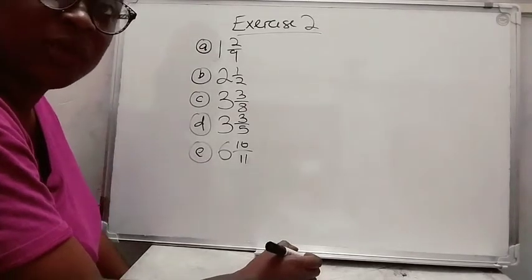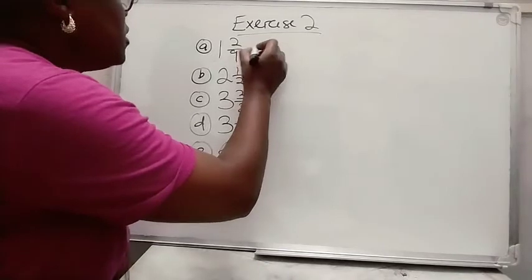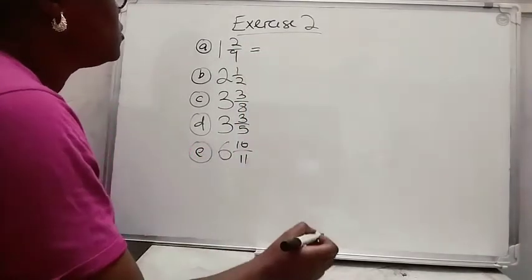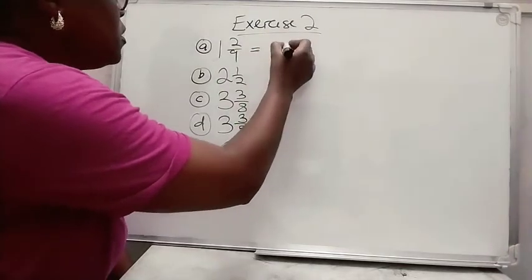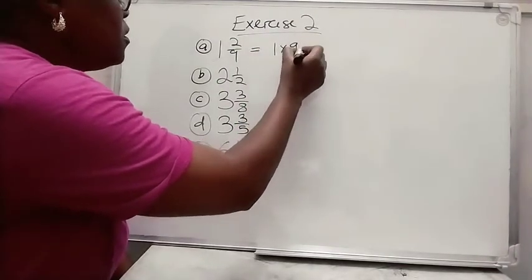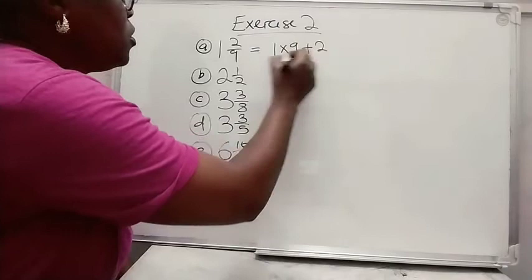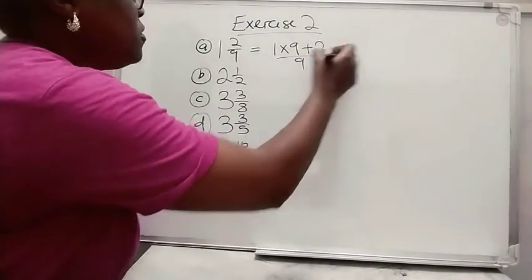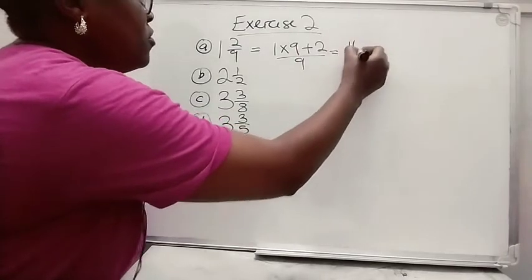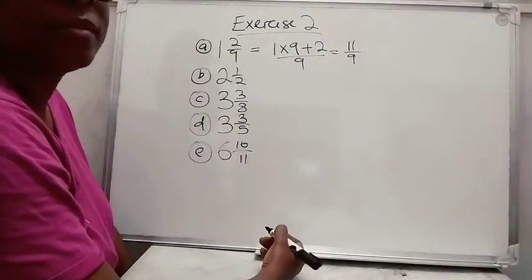So I'm just going to quickly show you how we're going to do that. We say the whole number times the denominator plus the numerator, all over the denominator. So that gives us 9 plus 2, 11 all over 9.